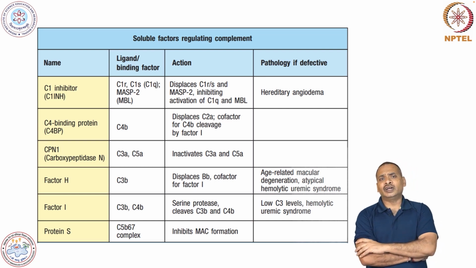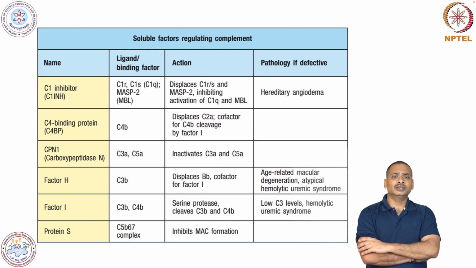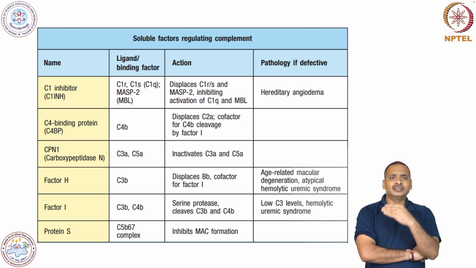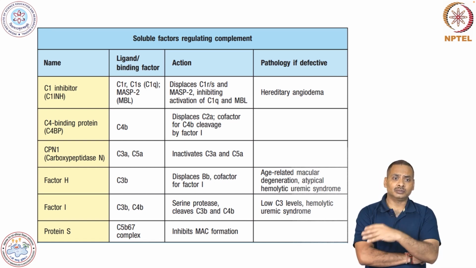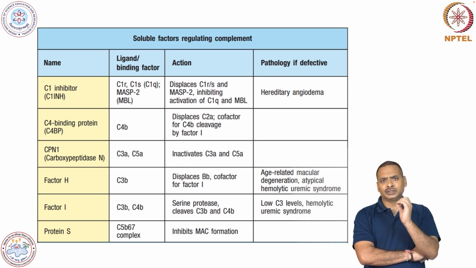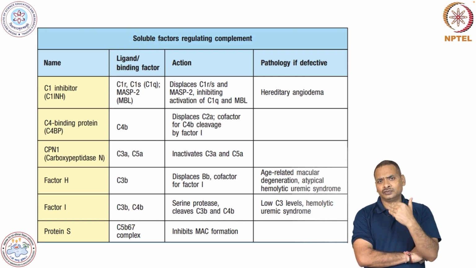One is the soluble factors which regulate complement. Here you can see there is C1 inhibitor, also denoted as C1INH. This inhibitor interacts with C1R, C1S of the classical pathway, if you remember, which are subunits of C1, and C1Q, and it is also interacting with MASP2 of the lectin pathway.